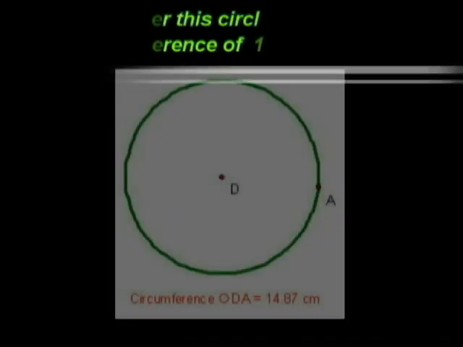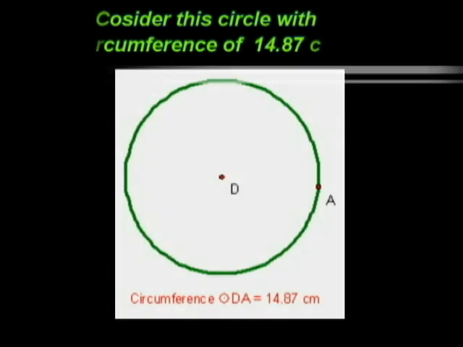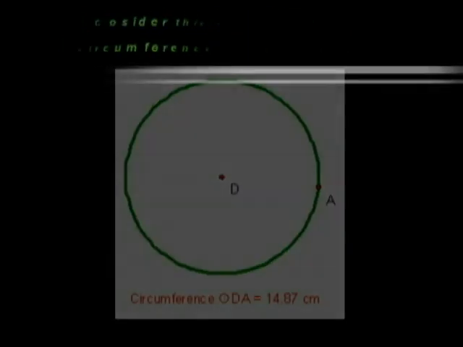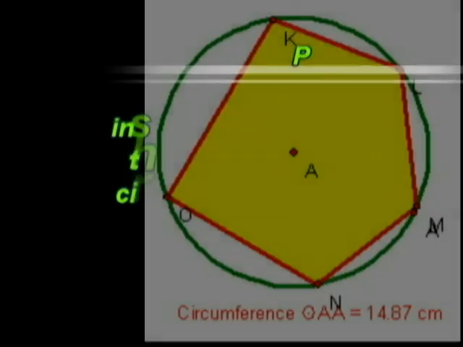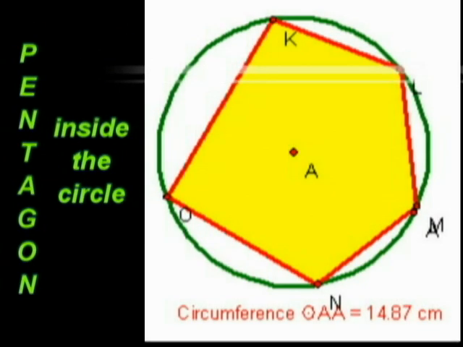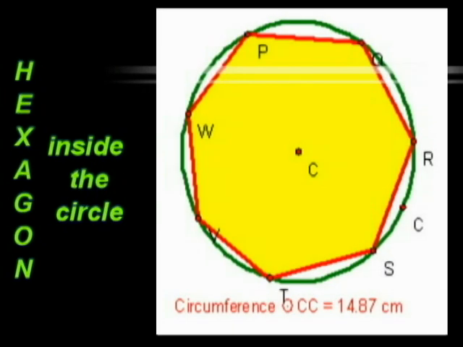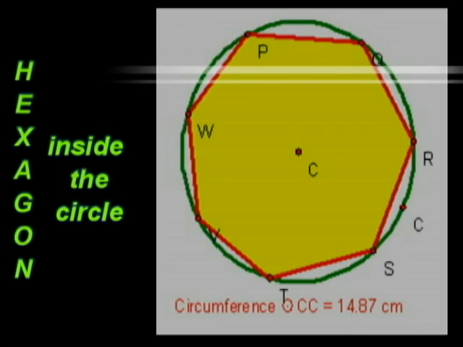Let us consider a circle. Let us draw an inscribed polygon in this circle. Let's say, hexagon.